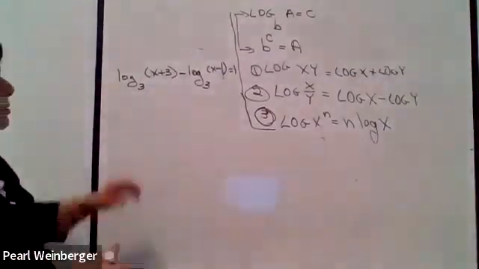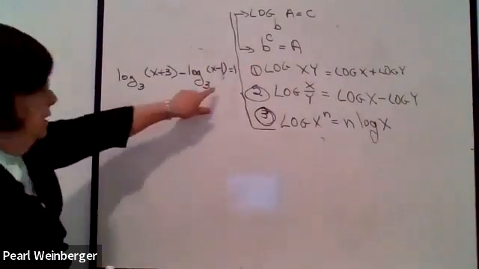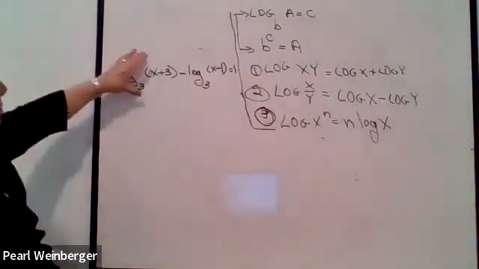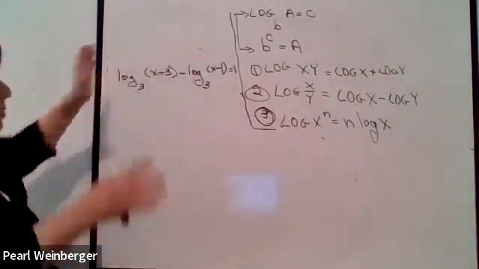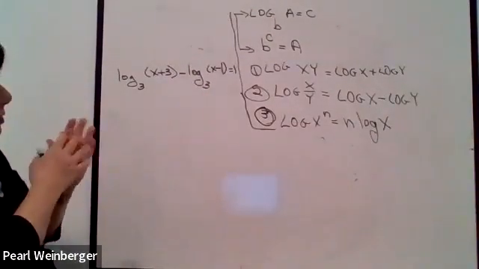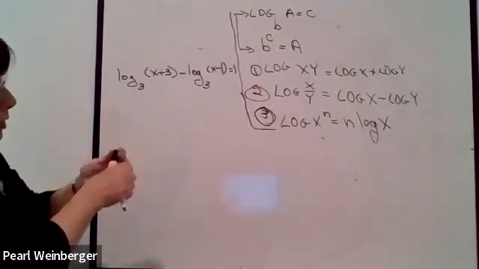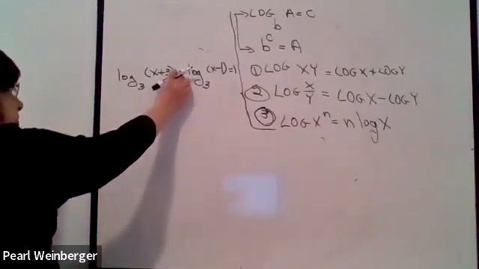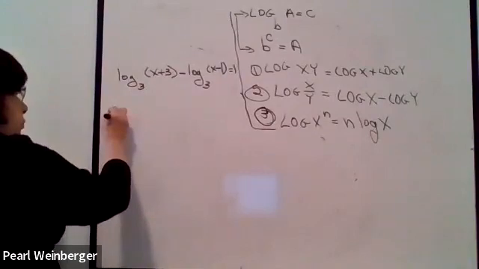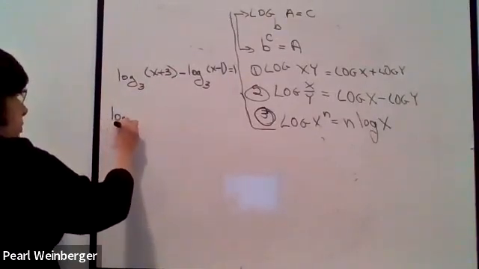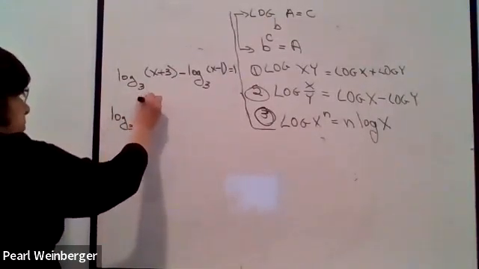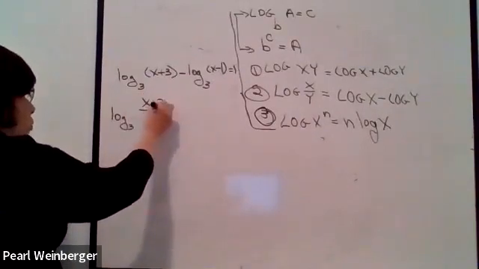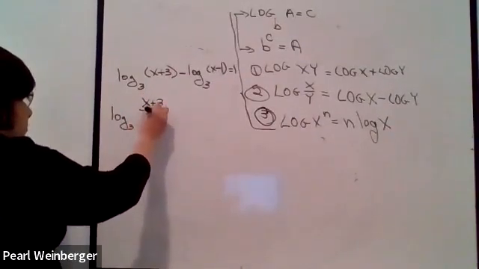Okay, let's try this out. Now, again, we have more than one log on a side. We want to contract it into a single log. Since this says minus, we're going to rewrite this as log base 3 of x plus 3 divided by x minus 1.